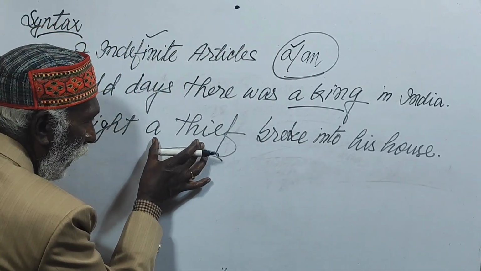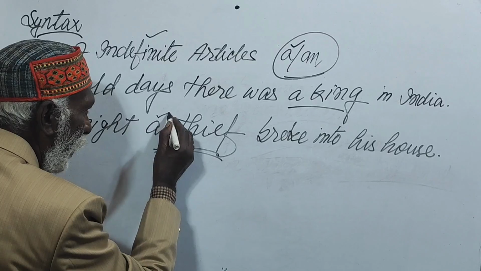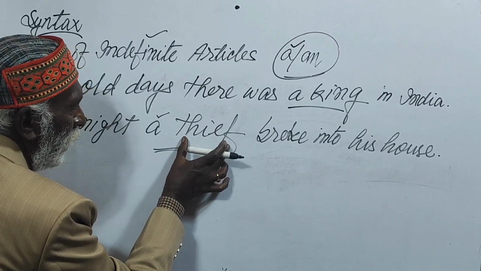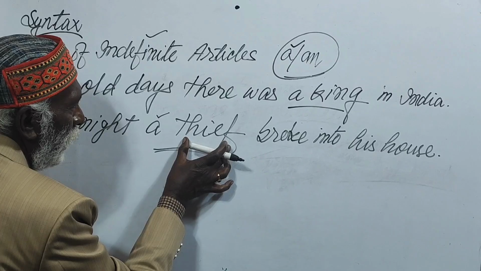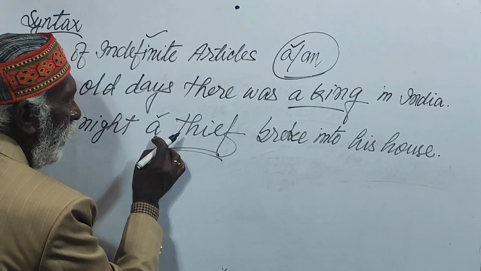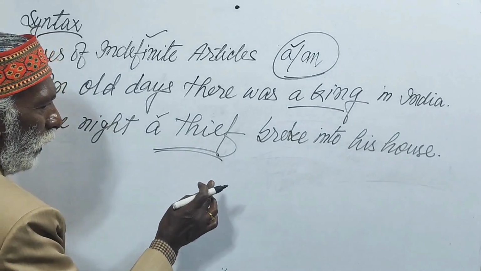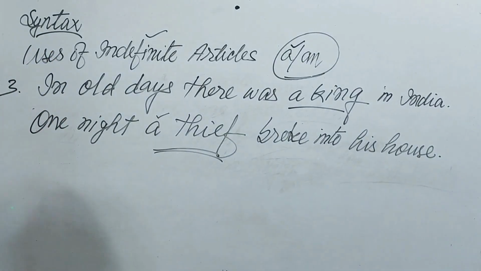It is not clear. So the article a is used before a common noun, a singular noun, to express a vague sense.